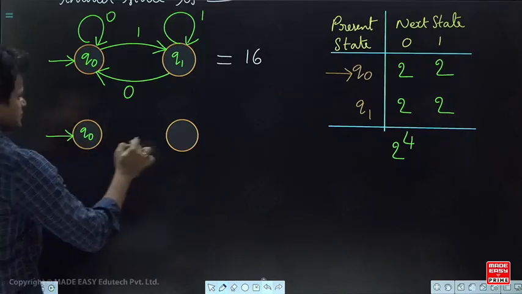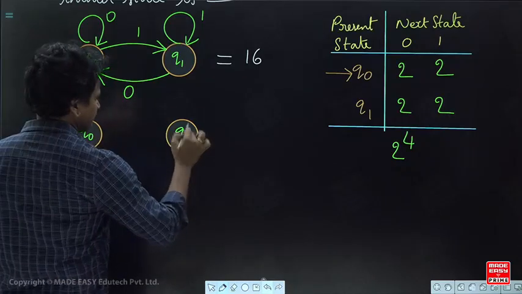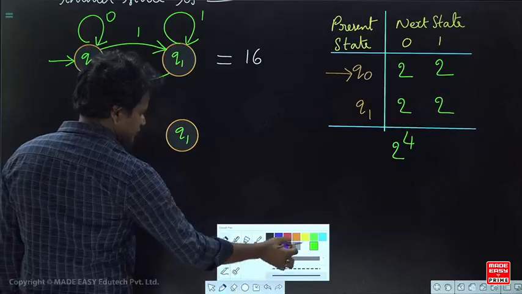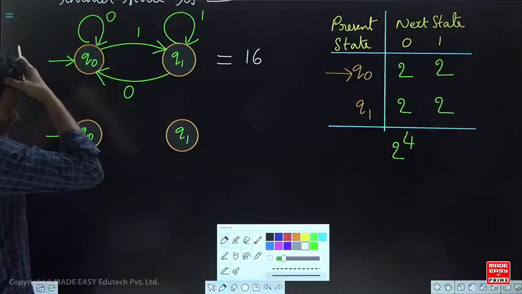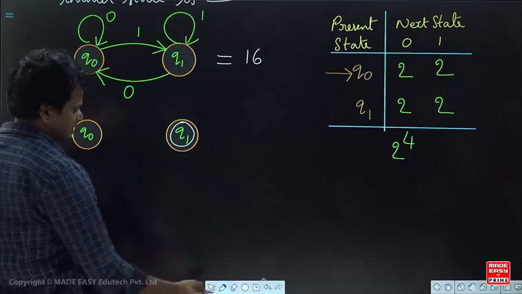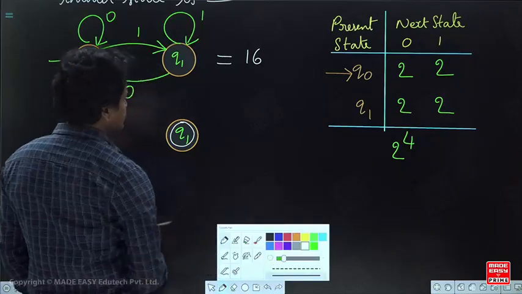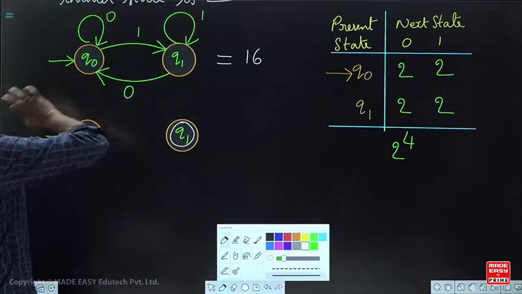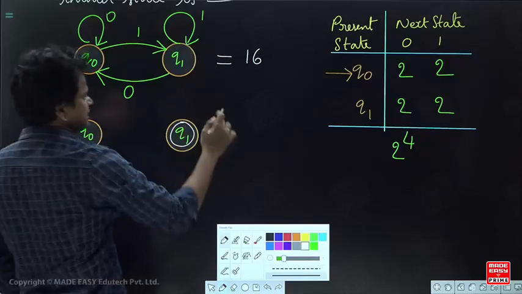So two states, Q naught and Q1. Now I will make Q1 final. So when no one is final, 16 DFAs.